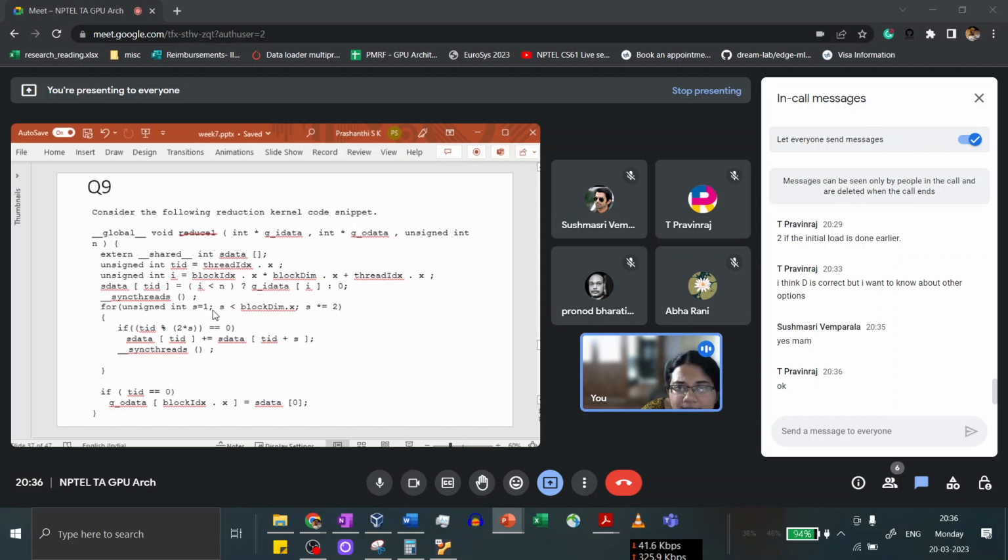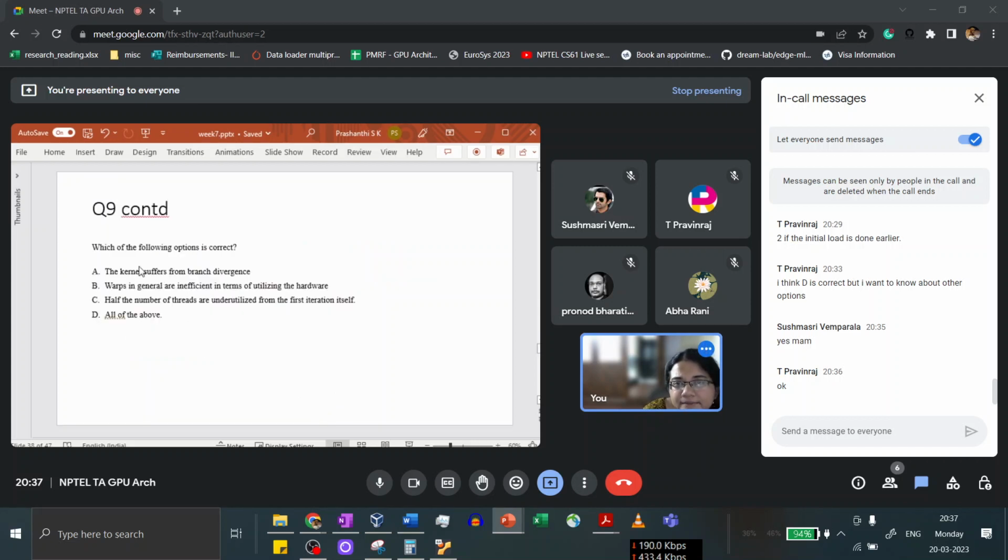And for s equal to 1, s less than blockDim.x, multiply s by 2 every time: if threadIdx.x mod 2s equal to 0, sdata[tid] plus-equals sdata[tid + s], after which you have a __syncthreads. And then finally, if tid equal to 0, g_odata[blockIdx.x] is equal to sdata[0]. So this is the kernel.